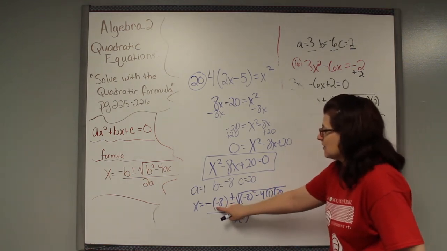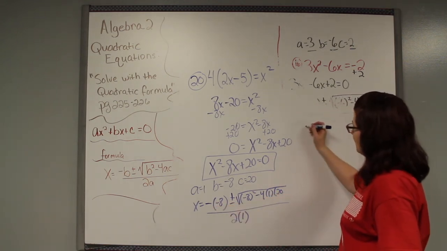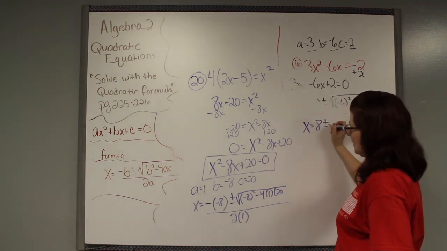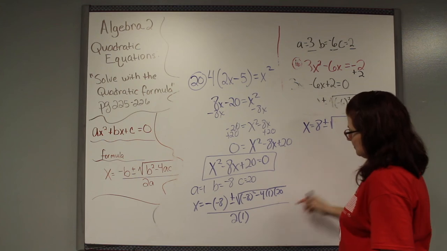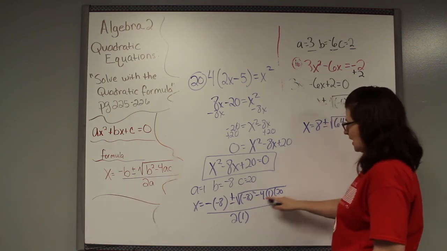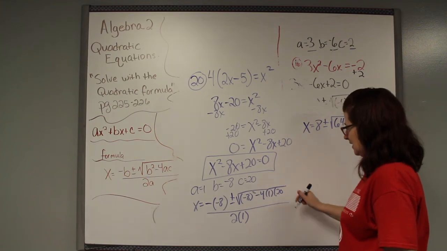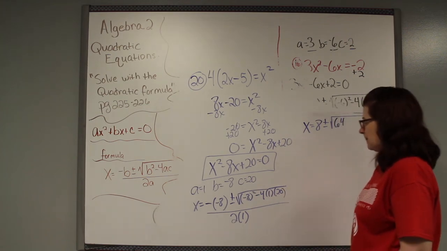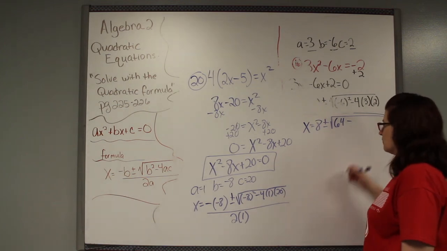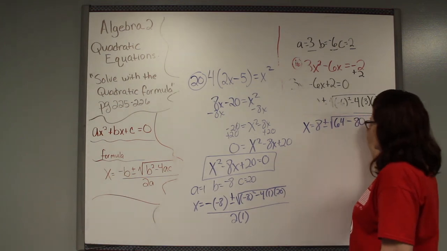Now a negative times a negative makes a positive, so that would be x equals 8 plus or minus. -8 squared is 64. I have 1 minus and then all pluses, so this will be a minus. 4 times 1 is 4, and then 4 times 20 is 80.